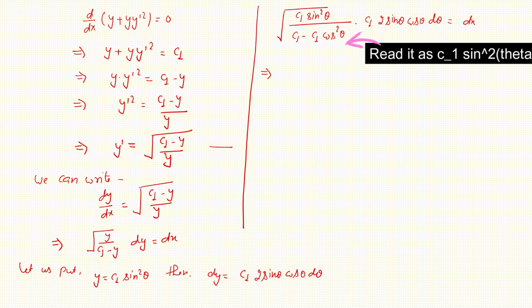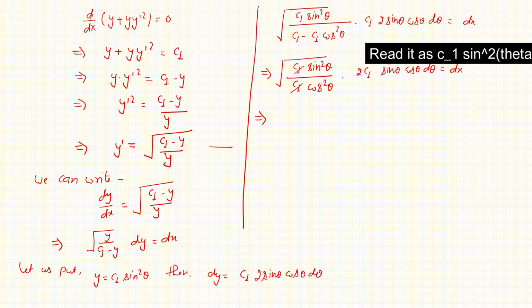This will be under root c1 sin square theta, and this will be c1 cos square theta into 2 c1 sin theta cos theta d theta will be dx.